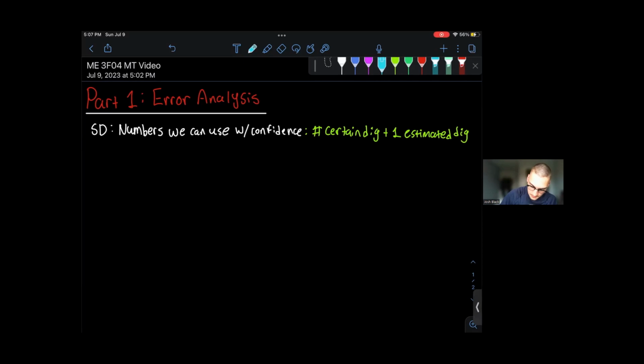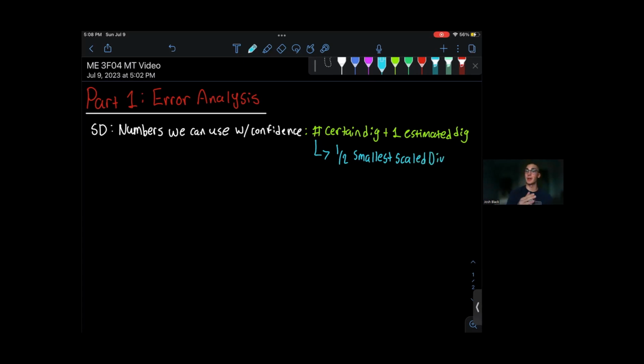And this estimated digit that is going to be used is the number that we are increasing by divided by 2. And we call this half the smallest scale division.